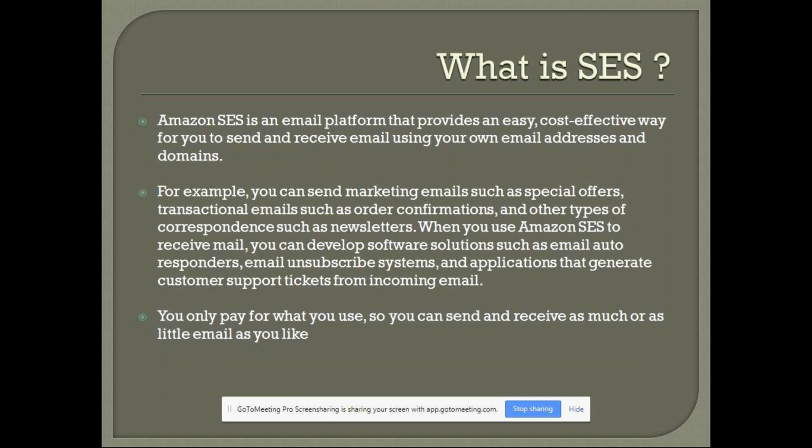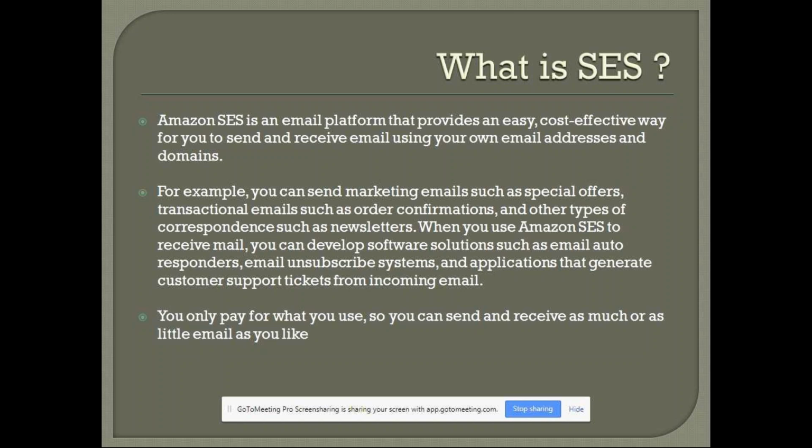So any number of emails that you are getting using SES, you can store all those emails in Amazon S3. Then the third one is taking action on received emails by triggering AWS Lambda functions. Lambda is another AWS service. Its main purpose is to upgrade or configure more things for a simple service.